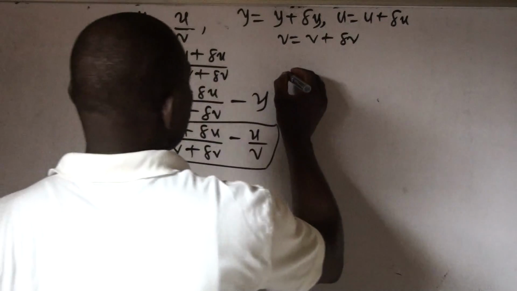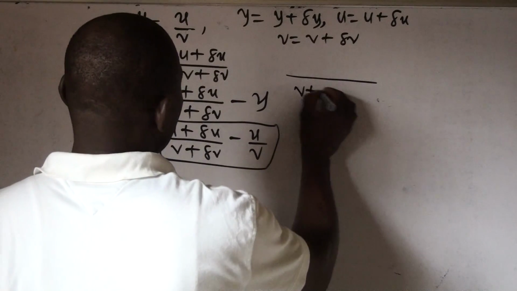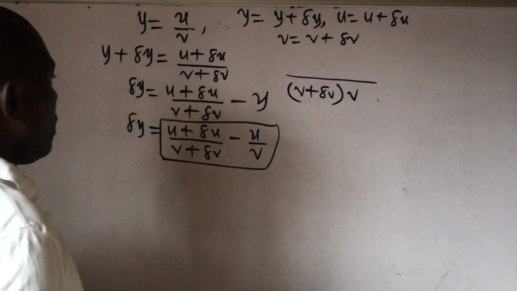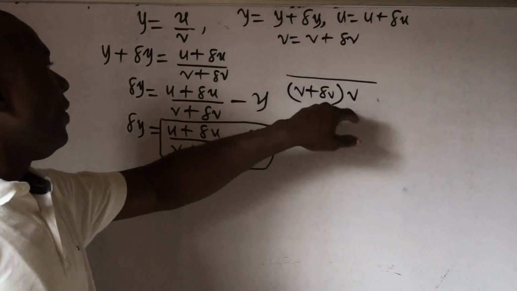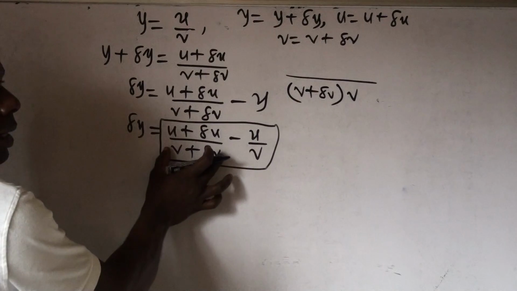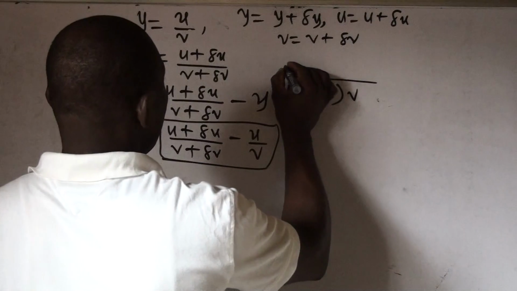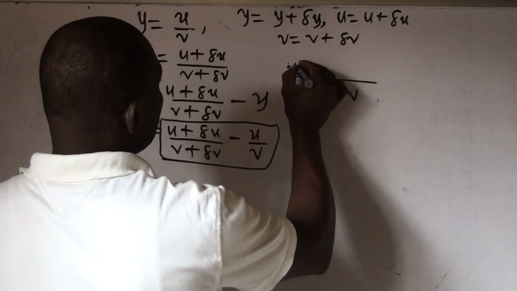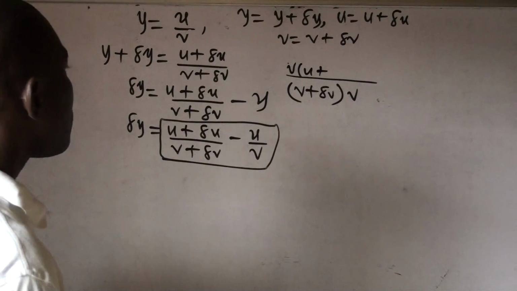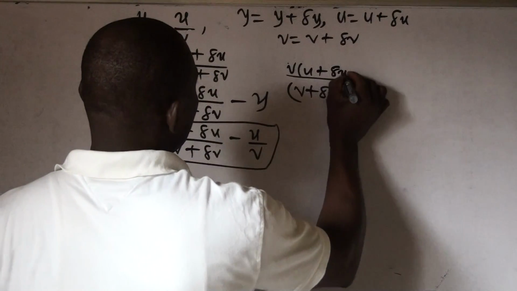By so doing, the LCM of this fraction is v plus delta v, bracket, v. Now v plus delta v times v divided by the denominator here will give us v. So v will multiply this, and this will become v into u plus delta u.